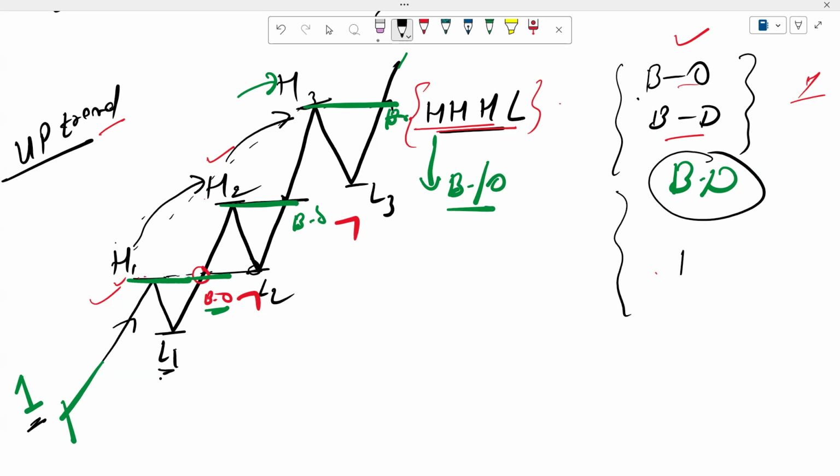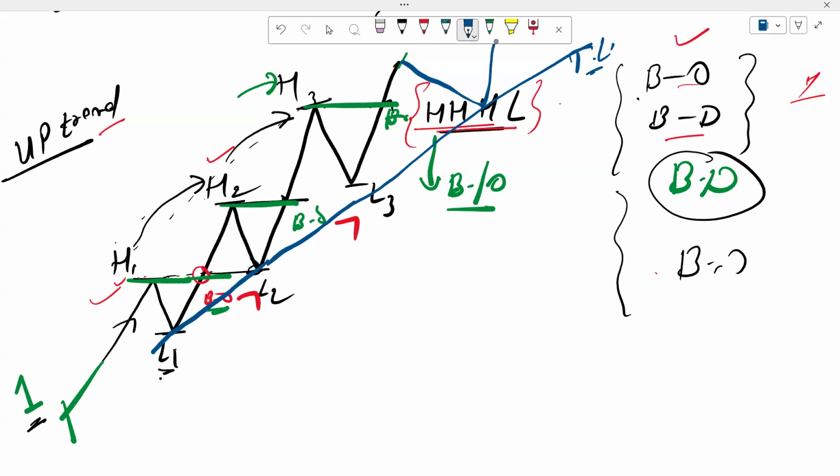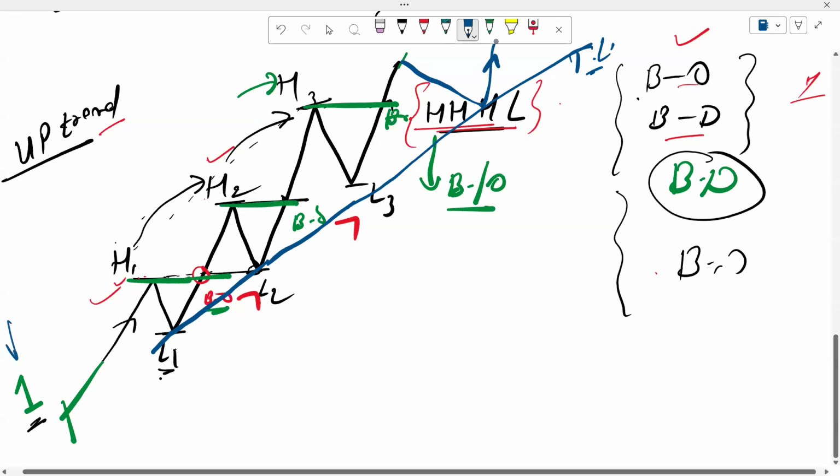So the surprising element is breakdown. What if I join these lows and make a trend line like this? Until and unless the market is taking support from this trend line, I will stay long in this position because this is a higher high, higher low.